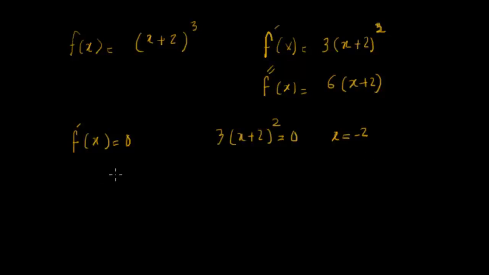In other words, we have two regions to consider: -infinity to -2, and from -2 to infinity. At x = -2, the slope is equal to 0, which is excluded from consideration.